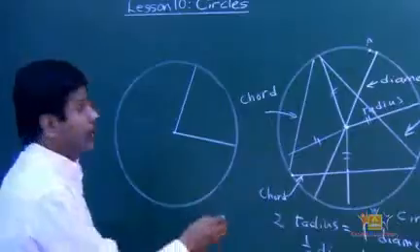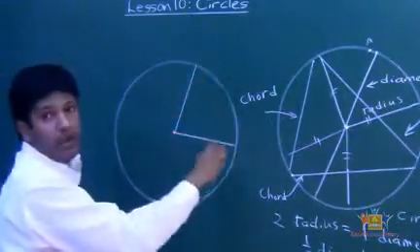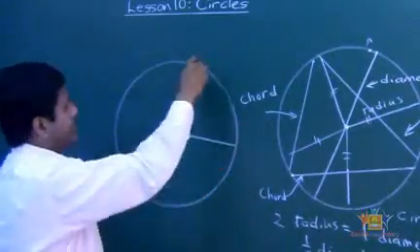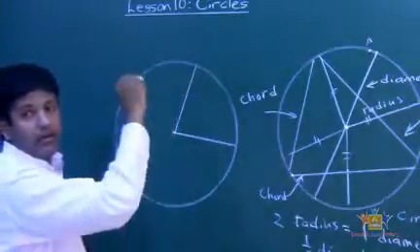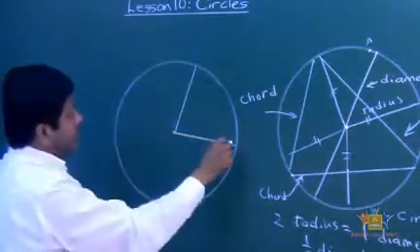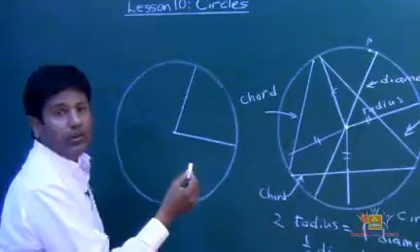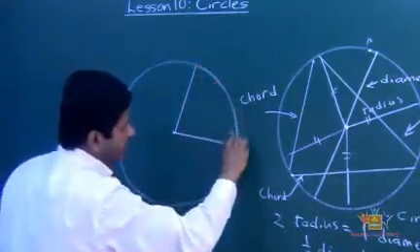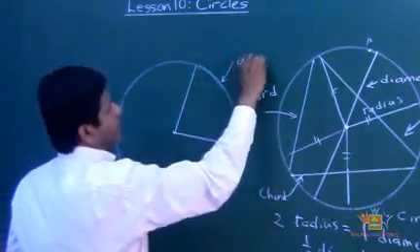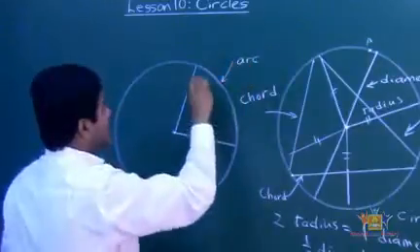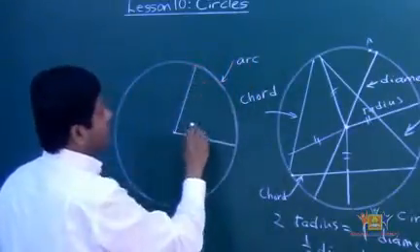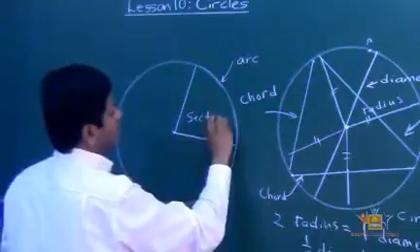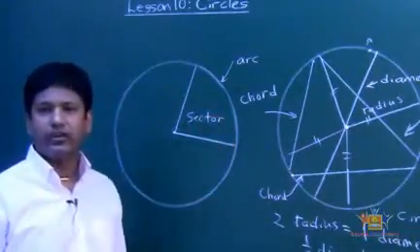Now what you saw right there is like a piece of pie, or pizza. When you cut a cake or pizza into pieces, you see it like this. This is called a sector. Now this line right here is called an arc. Keep in mind that is an arc. Now this whole thing right here is called a sector.